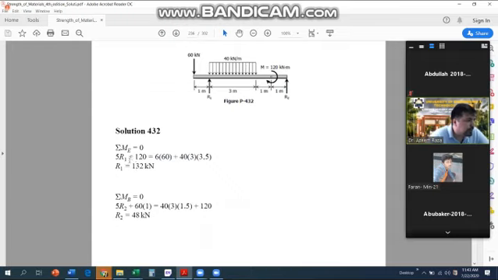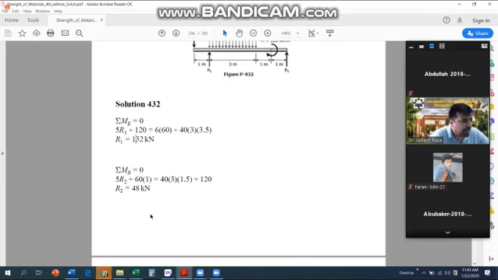They have computed the moments once at a point, and then once at another point. So we have points A, B, C, D, and E. One moment is computed at B, and one moment is computed at C. So one at reaction R1. Anyways, you can do this. So R1 and R2 are computed as 132 and 48.